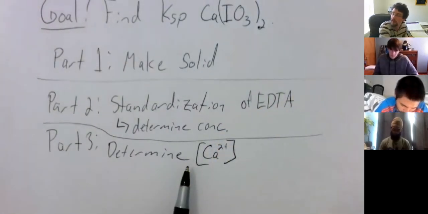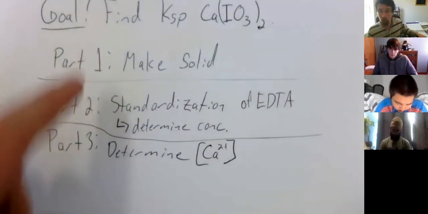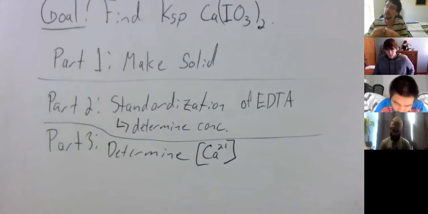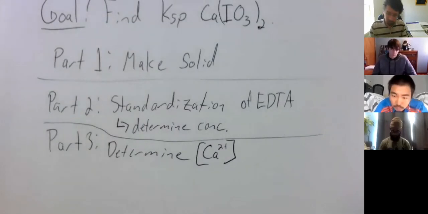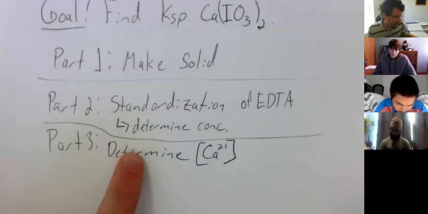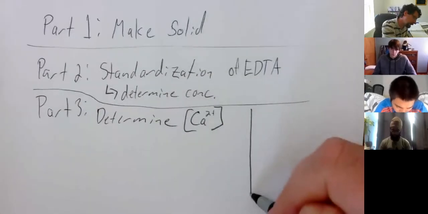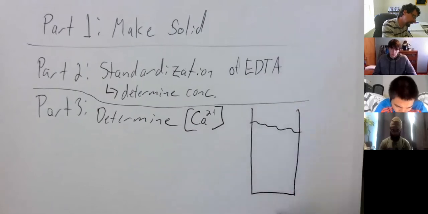So what you would do is make that solid, isolate it, then throw it into some solution. From there, just like we discussed with that lead chloride at the beginning, we have some amount of solution.